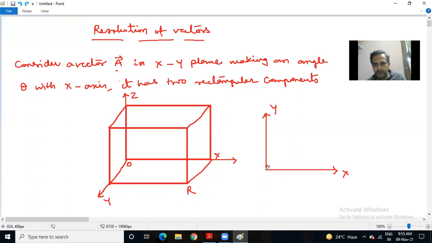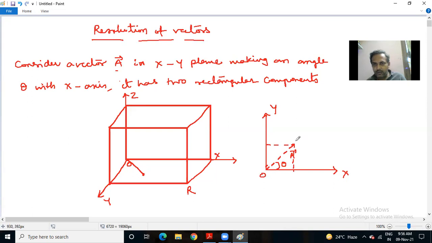Suppose this is the vector. So here is the origin. This is the point, where you can expect even a particle. Now this is going to be vector A, making an angle theta with the x-axis. You draw perpendiculars onto the x-axis and onto the y-axis.